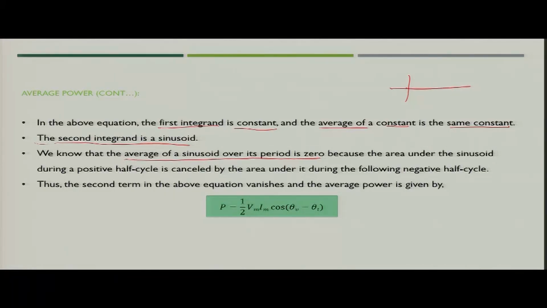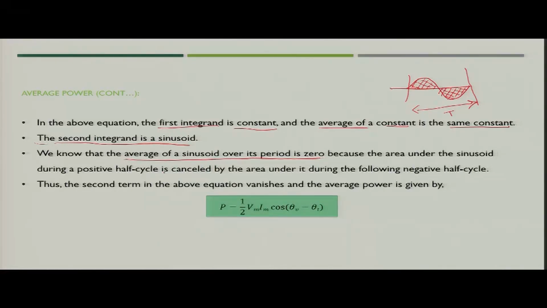If you see a particular sinusoid, the area under the positive side would be equal to the area below the x axis. So, if you take the average over a particular time period T, the positive will cancel out the negative. So, eventually the average of this sinusoid over a time period would remain 0.